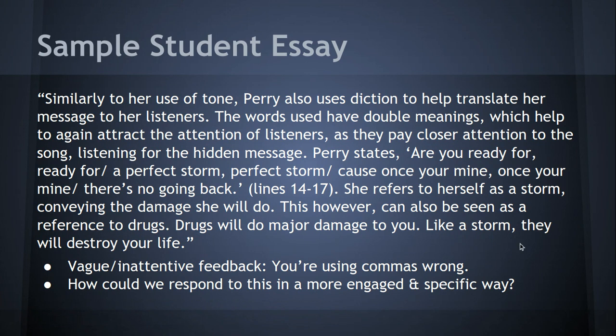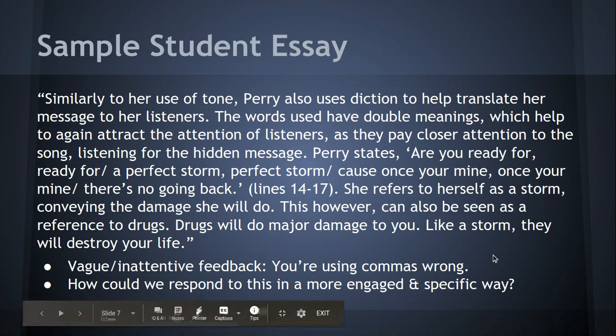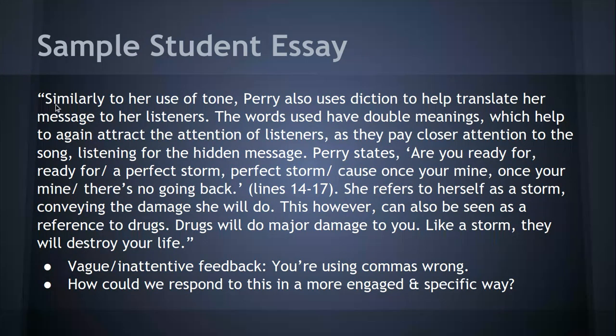But instead, what we want to do is respond in a more engaged and specific way. So you could talk to your peer, and whether that's on chat or however you guys are doing it, or if you're just making some comments, instead of just saying you're using commas wrong, we could look at more specific things like, you have a good topic sentence here because we're saying something specific, that the author is using diction, which is just word choice, to help translate her message to her listeners.